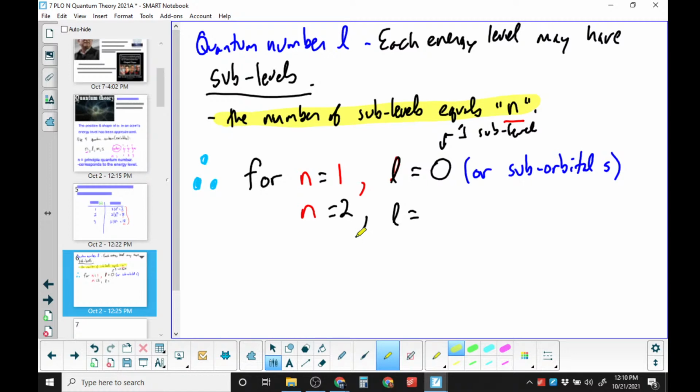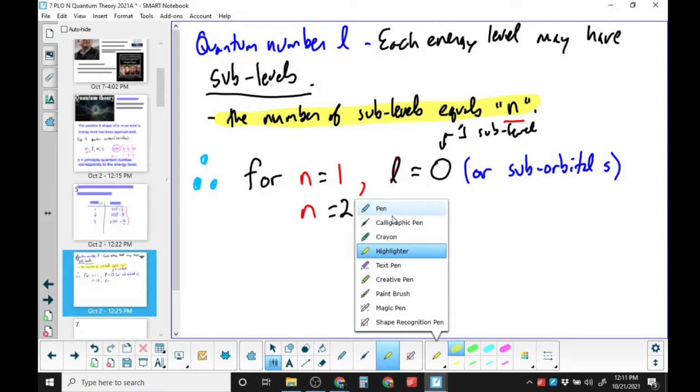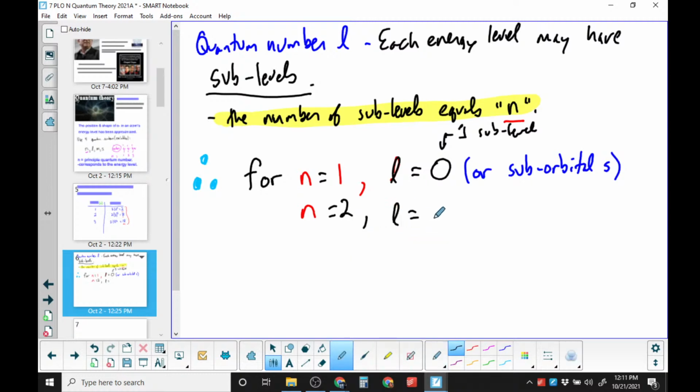Louder? 2? Yes. So N is equal to 2. There are 2 sublevels. There is 0 and 1.